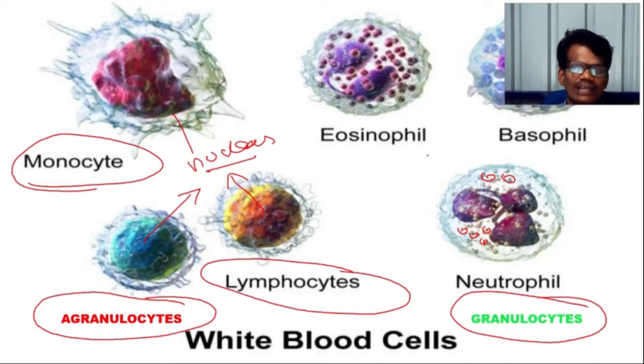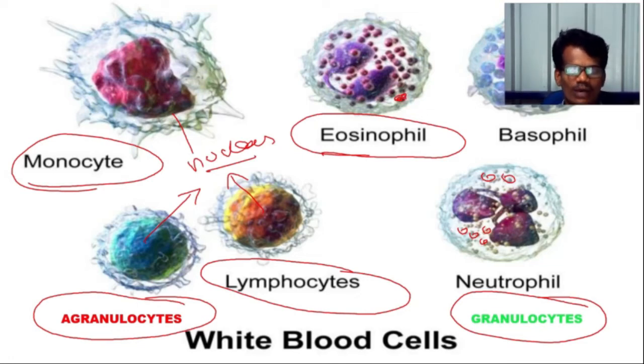Eosinophils can be stained with eosin. The stain is applied to the cell because of these granules. That's why the stain attaches to this cell and they give the color. Basophils take up basic types of stains.